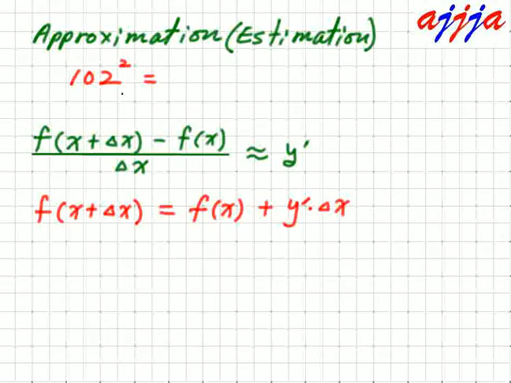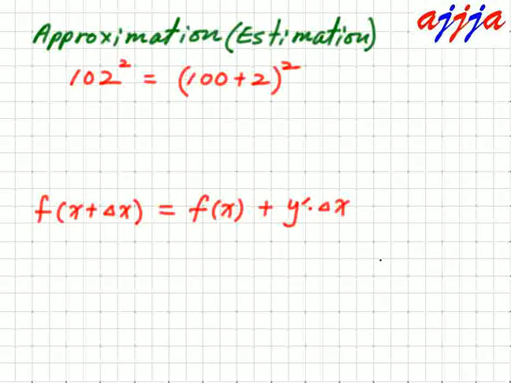Now we try something easy like this. We treat this like 102 squared. That means we can treat it like 100 plus 2, then squared. It looks like a function, right? In this case, see 100 right here?